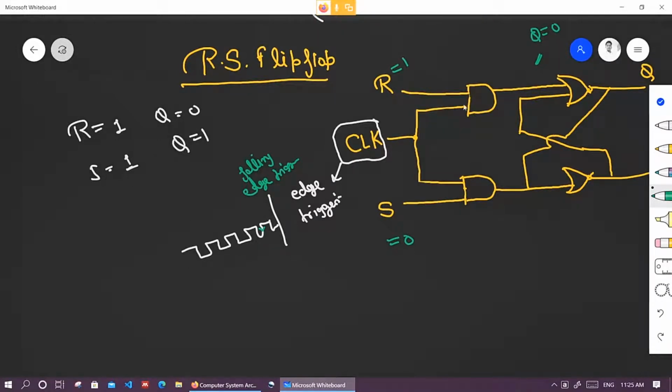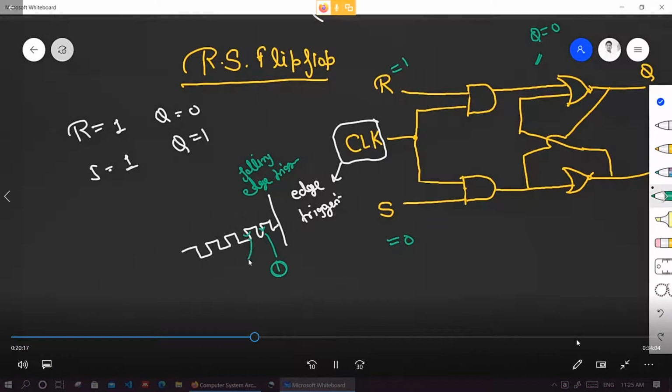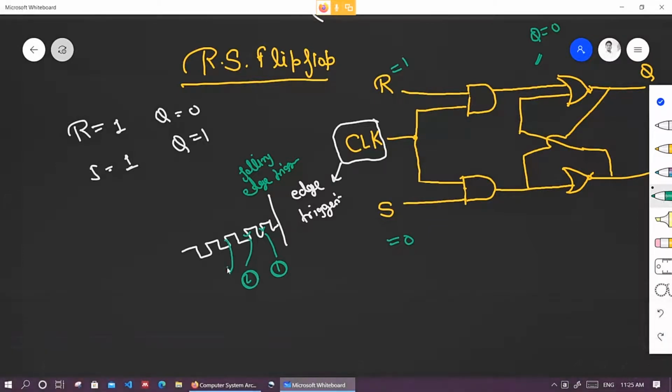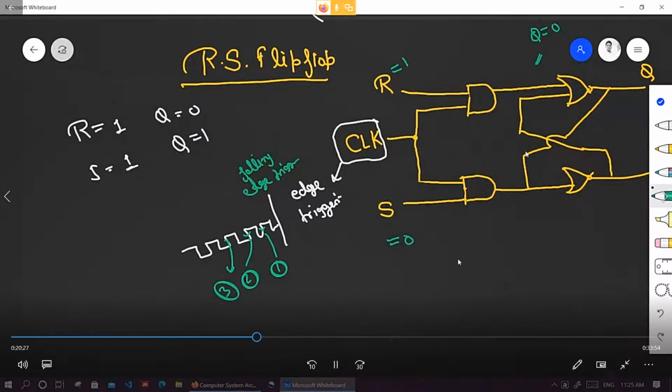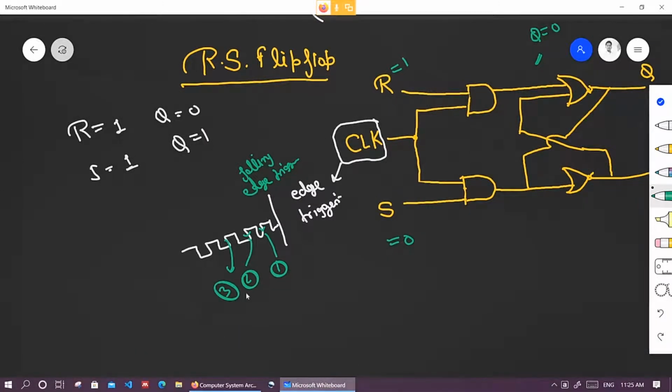Fine. Now after this level has reached, mark it as 1, then the next event will occur at 2, then the next event will occur at 3. So not only is the input defining the state of the circuit, but the change will occur only on the edge triggering. As we are following the falling edge, it will work on the falling edge of the clock.